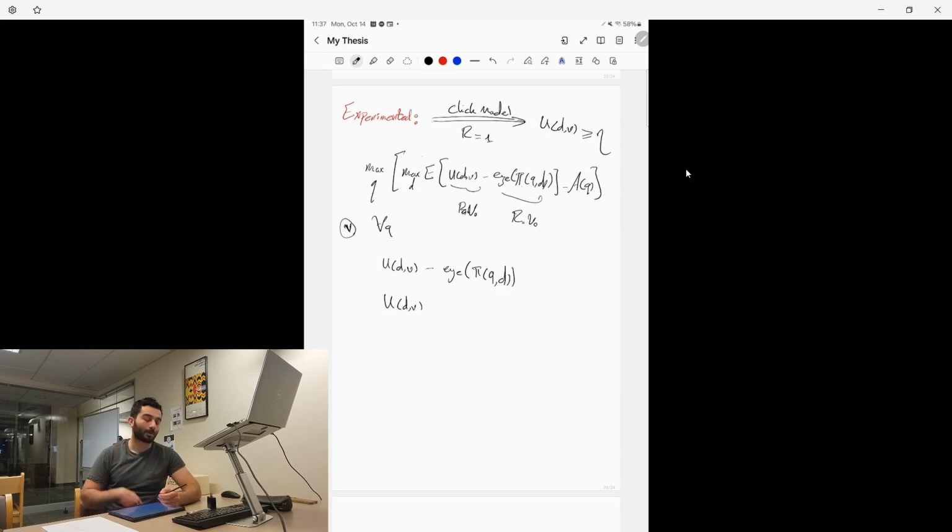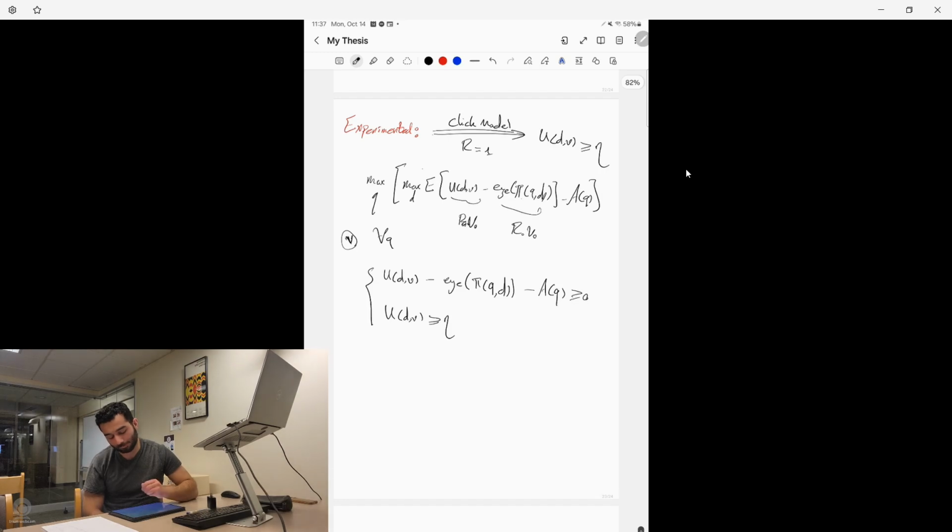Okay, u of d and v greater than eta and minus a_q. These are just random variables, greater than or equal to 0. This is what we learned from the observation. Is it what we learned from the observation?